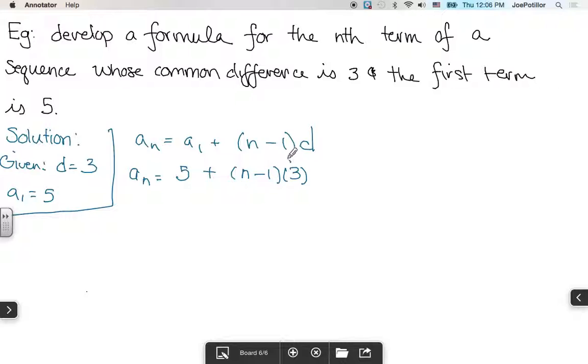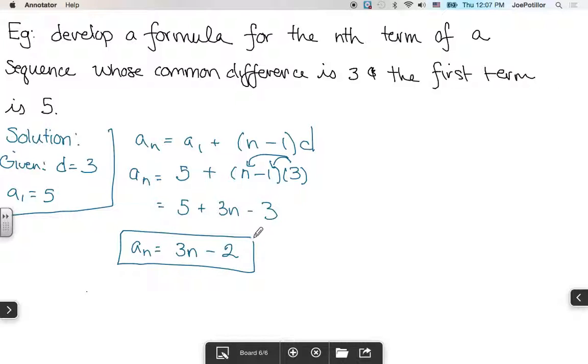Then I distribute the 3: 5 plus 3n minus 3, and then 5 minus 3 is 2. So A sub n is equal to 3n plus 2. Easy enough.